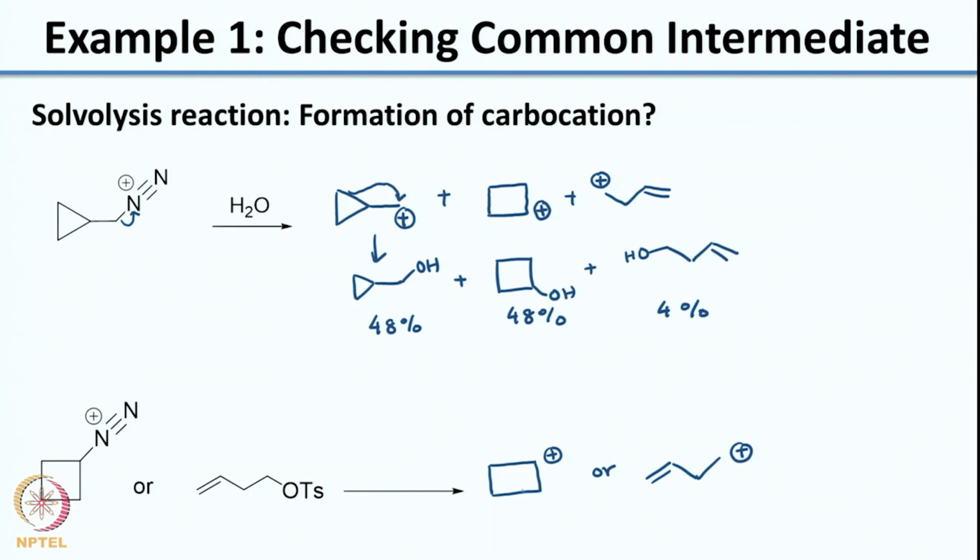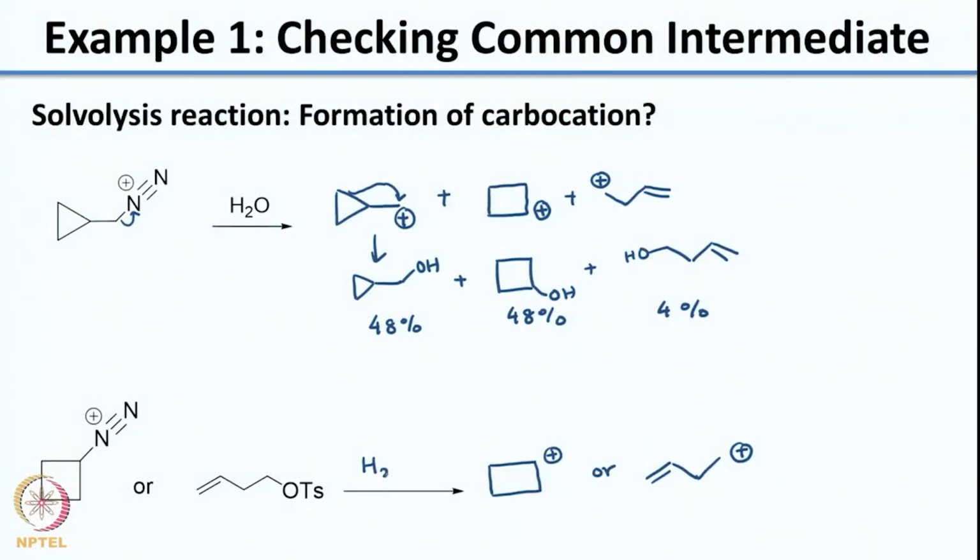I can still draw from the cyclobutane, I can get the cyclopropyl with the exocyclic carbocation. I can also generate the open carbocation starting from cyclobutane. So I can generate all of these carbocations even if I start with the other two reactants.